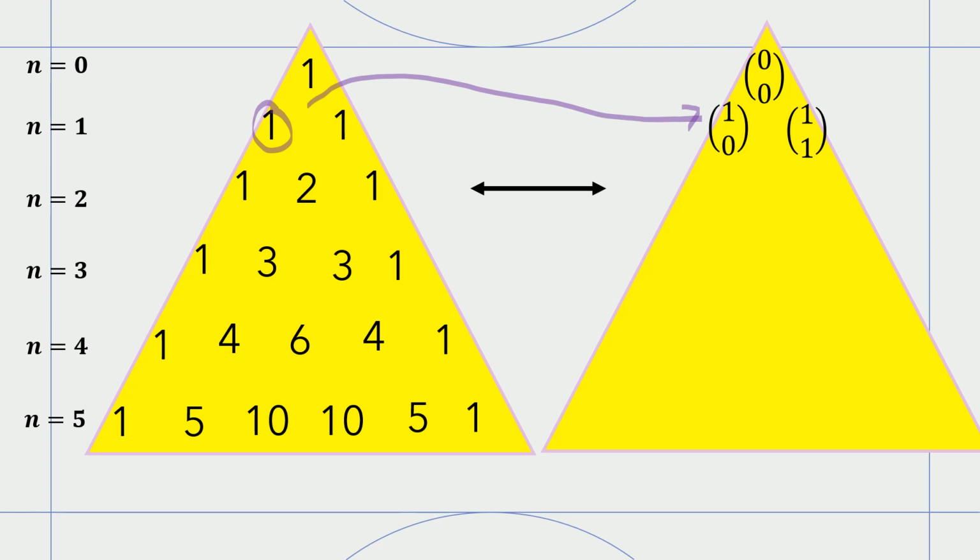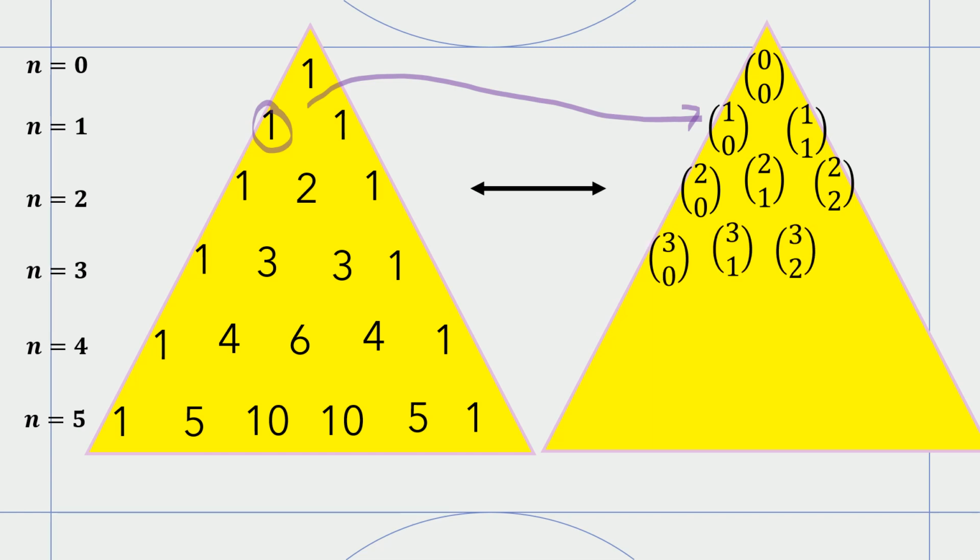And the second one is equivalent to 1, 1. And when n equals 2, it will be 2, 0, and then 2, 1, 2, 2. When n is 3, you start with 3, 0, 3, 1, 3, 2, 3, 3, so on and so forth.